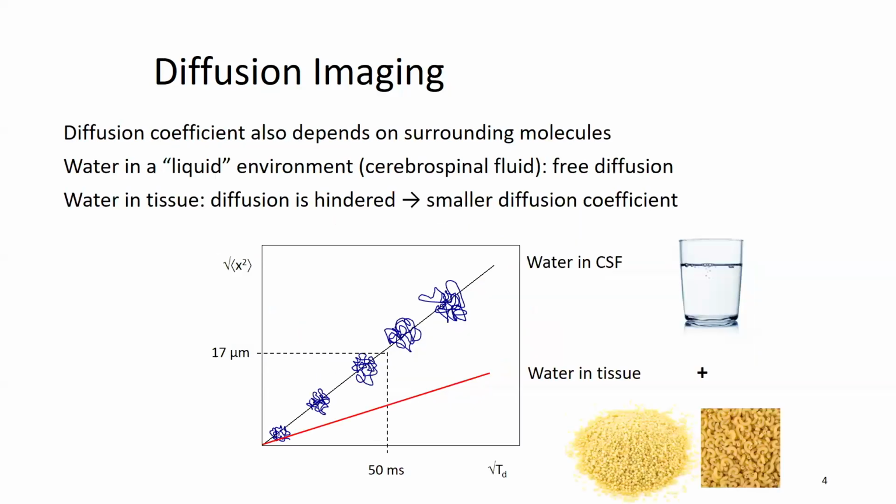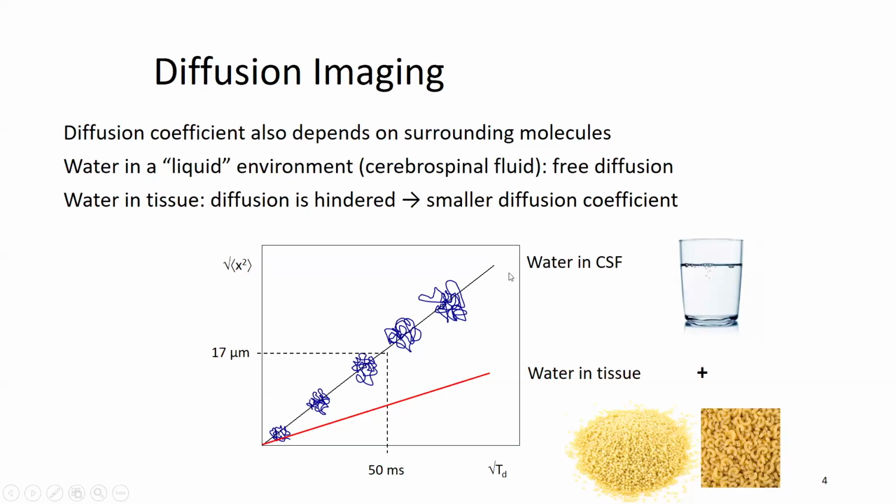So when we plot this in a graph like this, here on the x-axis is the mean time, and on the y-axis is the mean distance. If we have a short time, then of course the distance is small, but if you have a longer time, then the distance becomes longer. So for instance, in free water, so in the glass of water, we can also say that CSF, the cerebrospinal fluid, is just like water.